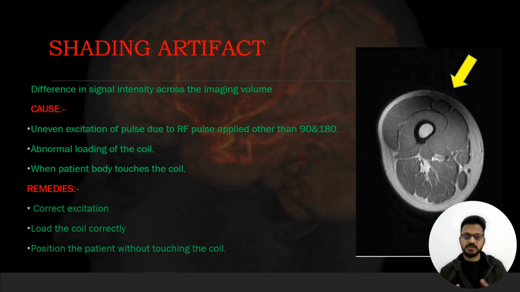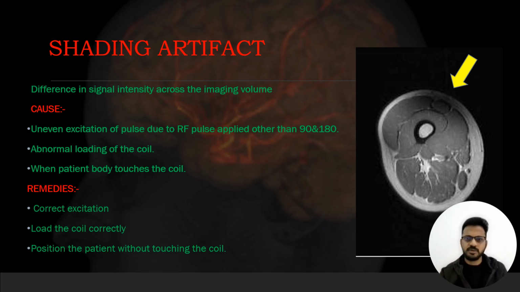In my presentation, this is the last artifact I am discussing with you: the shading artifact. We see the shading artifact while imaging as different signal intensity across the imaging volume. For example, the image shows a dark area, some reduced signal, in the anterior region.